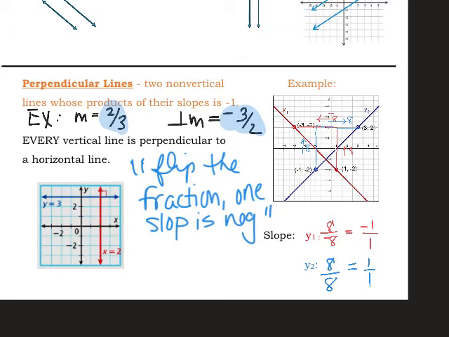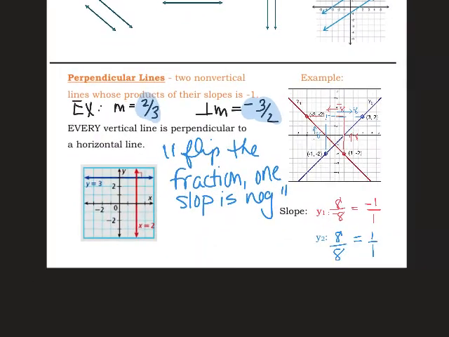What this little box over here is just telling us is that a horizontal line and a vertical line, they're going to always be perpendicular. Does anyone remember the slope of the line that goes side to side? What slope is that? The horizontal line, what slope is it though? 0, okay? So on this one, your slope is 0.